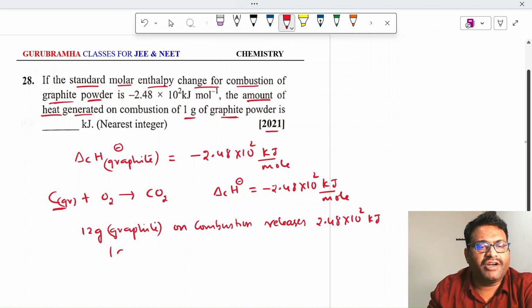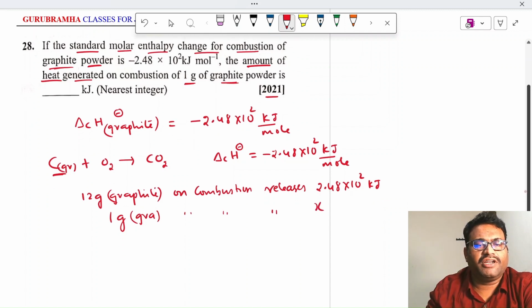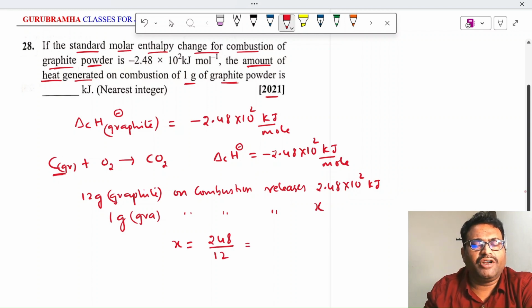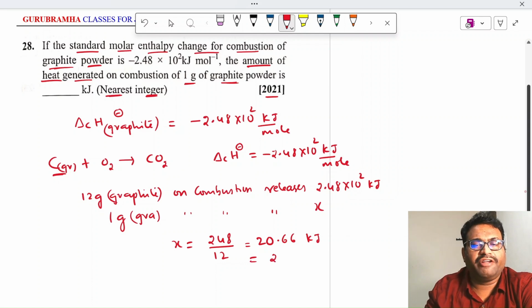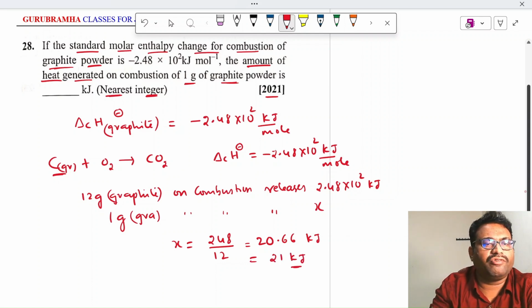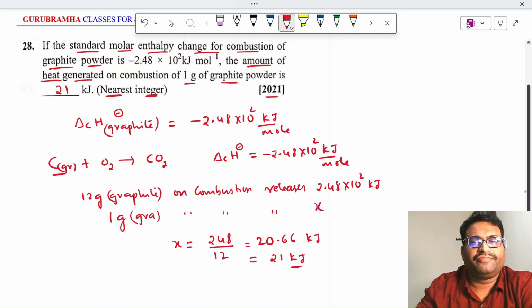When 1 gram of graphite on combustion releases X, then X is equal to 248 by 12. 12 20s 240, 12 6s 72. Nearest integer is asked. That is equal to 21 kilojoules. Okay, so 21. Let us see the next question.